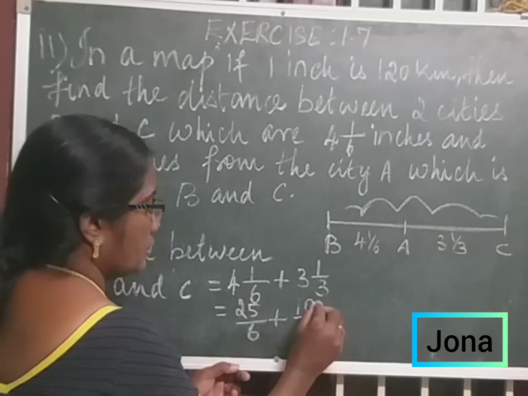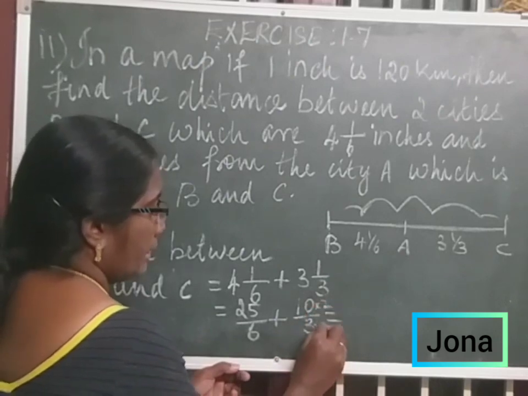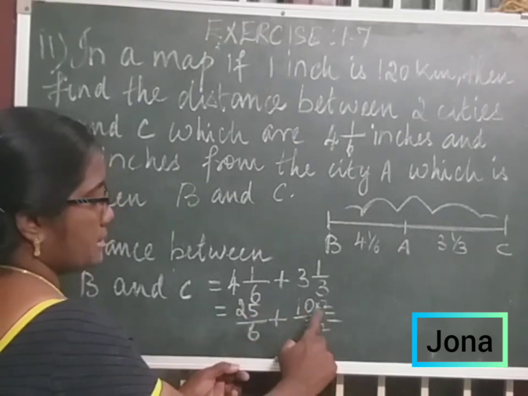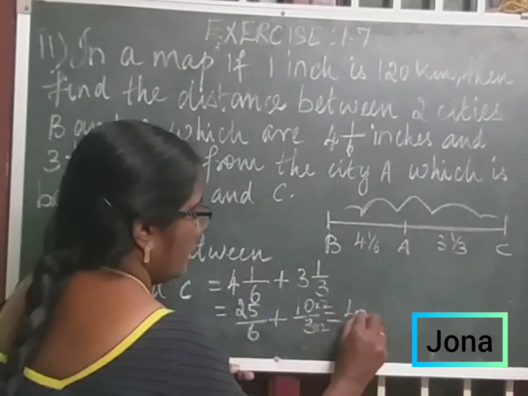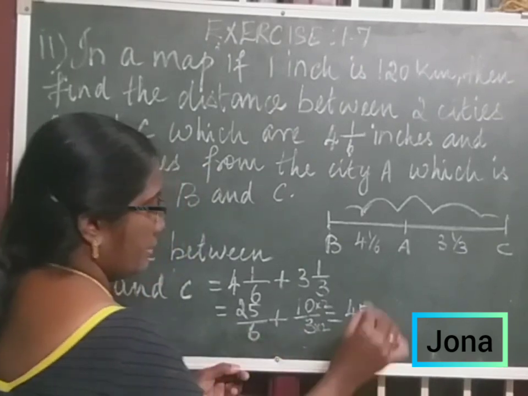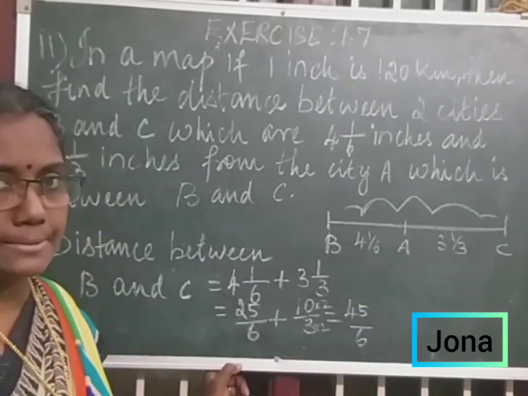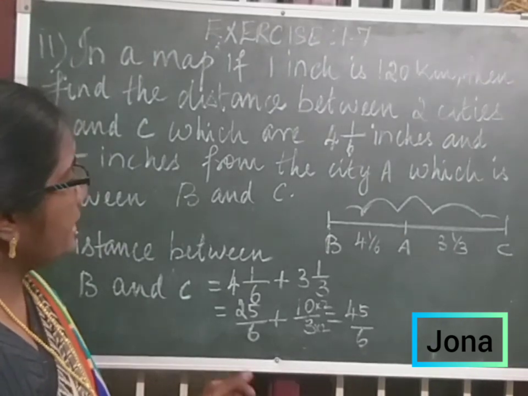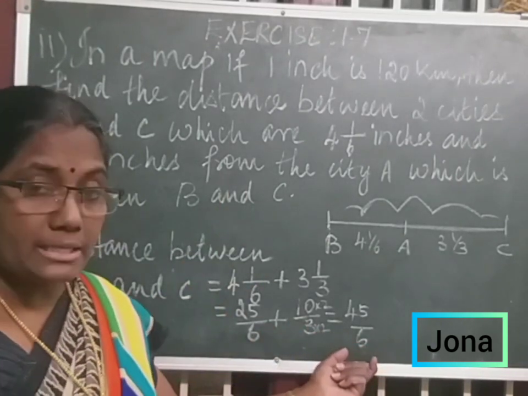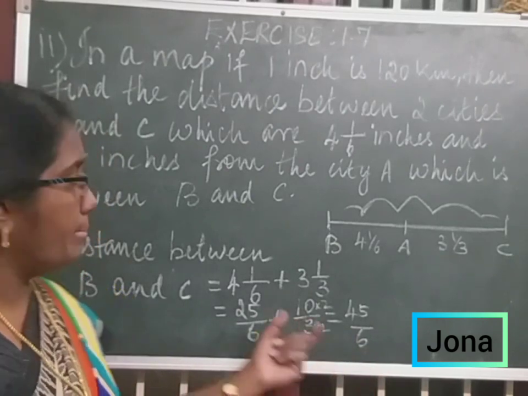If you multiply with 2, it will be 20. If you multiply with 2, it will be 6. So this 25 plus 20, how much is there? 45/6. Now see that the distance between B and C is 45/6 inches only.